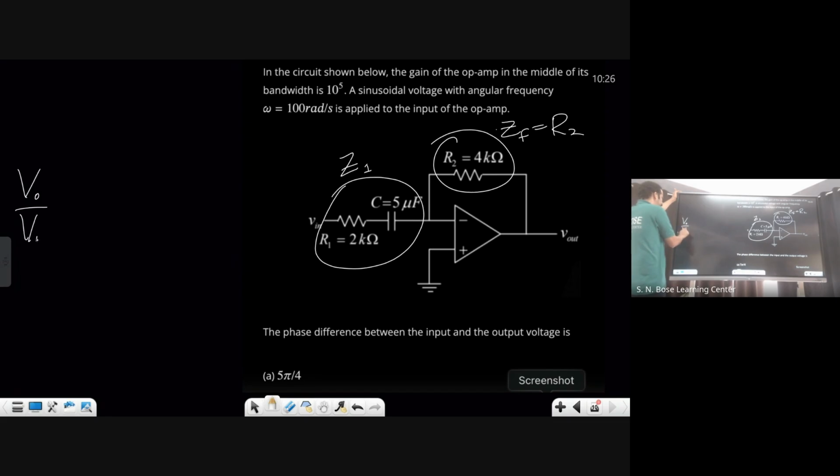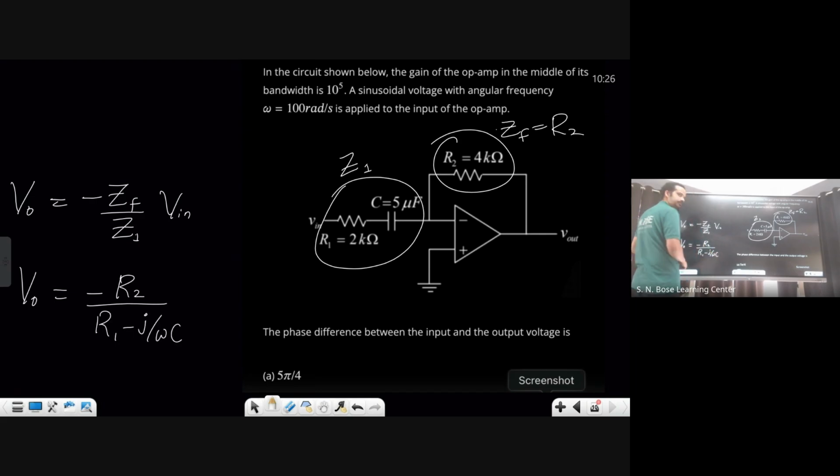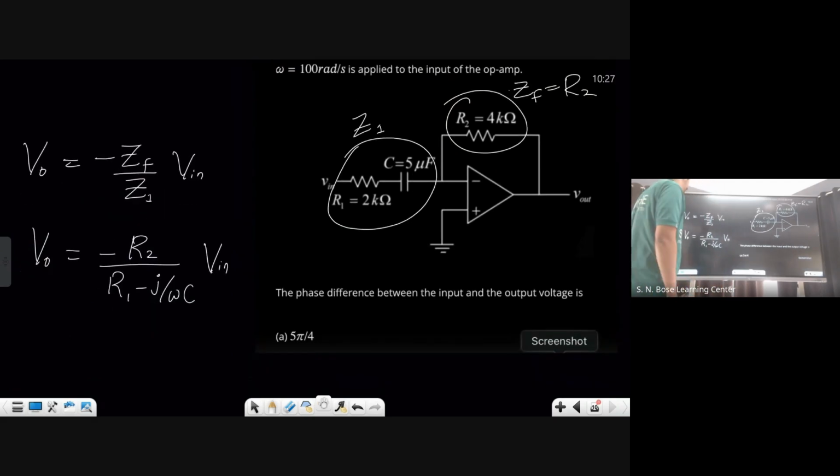V0 by V in is equal to minus ZF by Z1, or V0 is equal to minus ZF by Z1 into V in. This whole thing together I'm taking as Z1. So V0 is minus R2 divided by R1 minus j by omega C, into V in. Carefully work out this one.